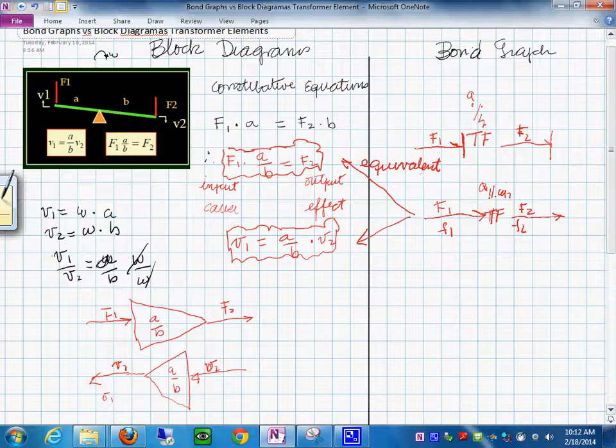Yeah? So this is equivalent to these two equations.